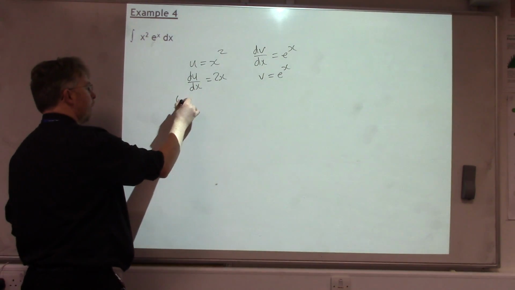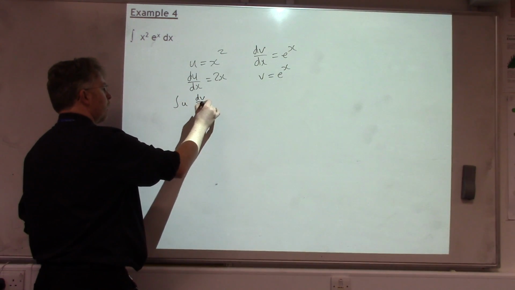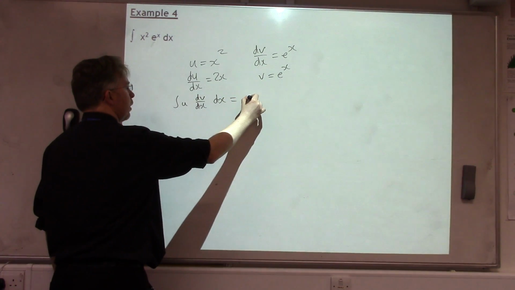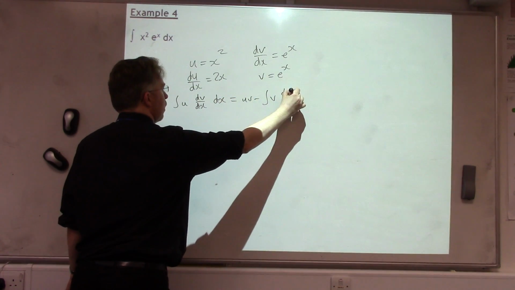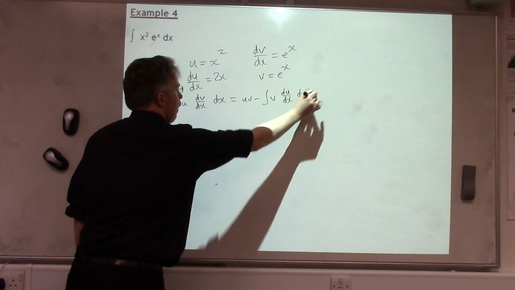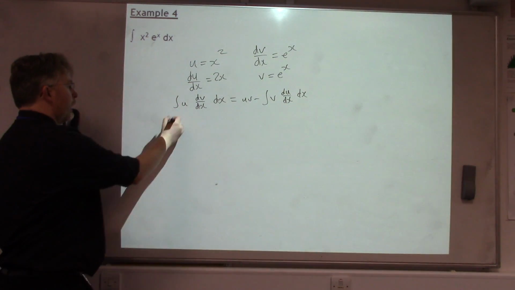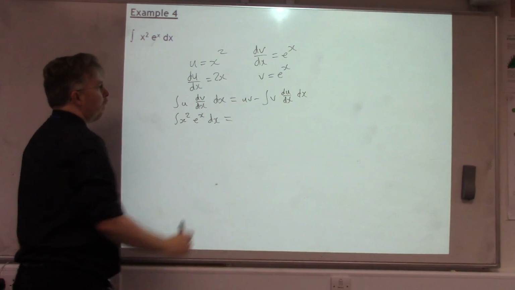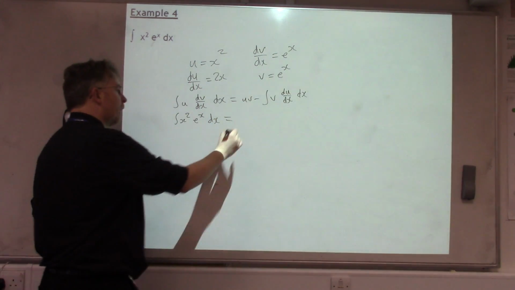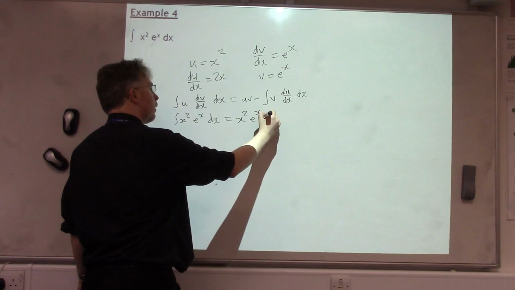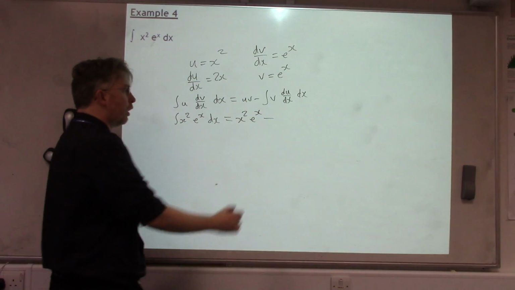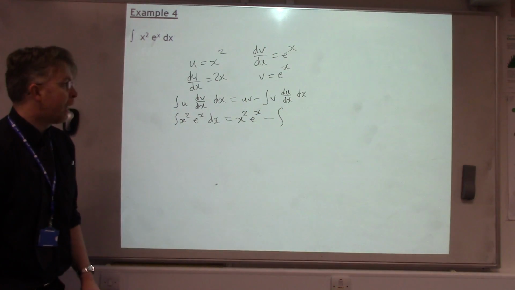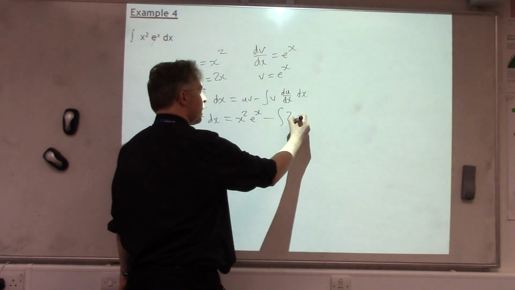Apply the formula. From the formula booklet, we're going to get the integral of x squared e to the x dx equals u times v, x squared times e to the x, minus the integral of v times du by dx gives us 2x e to the x.